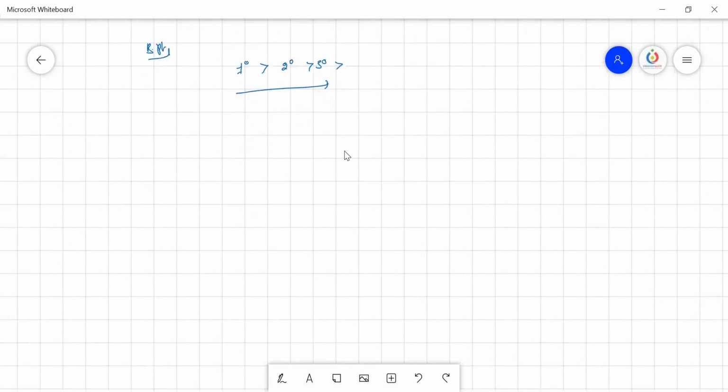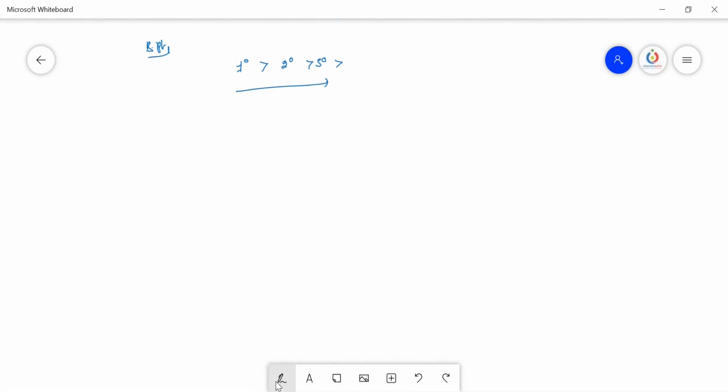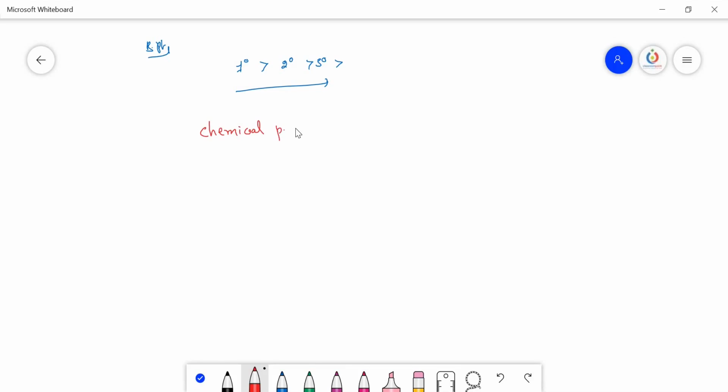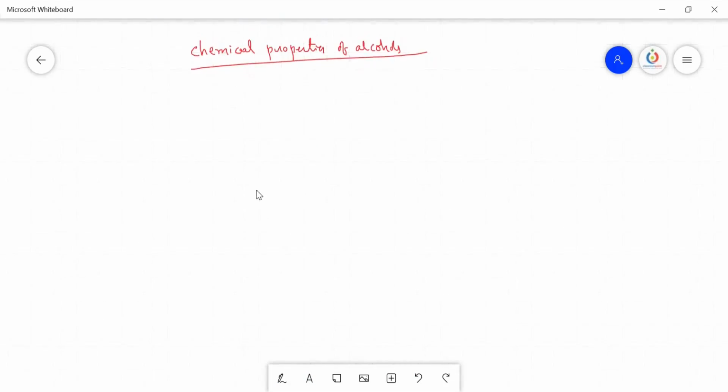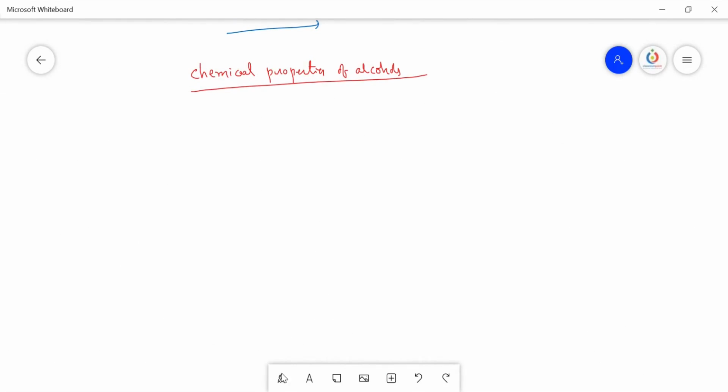This is a normal concept. Our main concept is about the chemical properties of the alcohols that we shall discuss now. So these are the important concepts regarding the chemical properties of the alcohols.